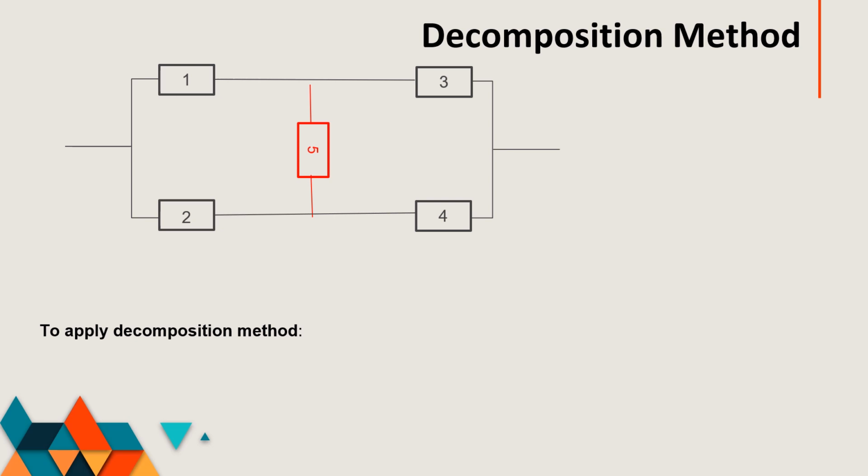To apply the decomposition method, I'll outline some steps that we are going to follow. The first step is that you are going to choose a pivot element. Some call it the key element, some call it the cornerstone element, some call it other things.